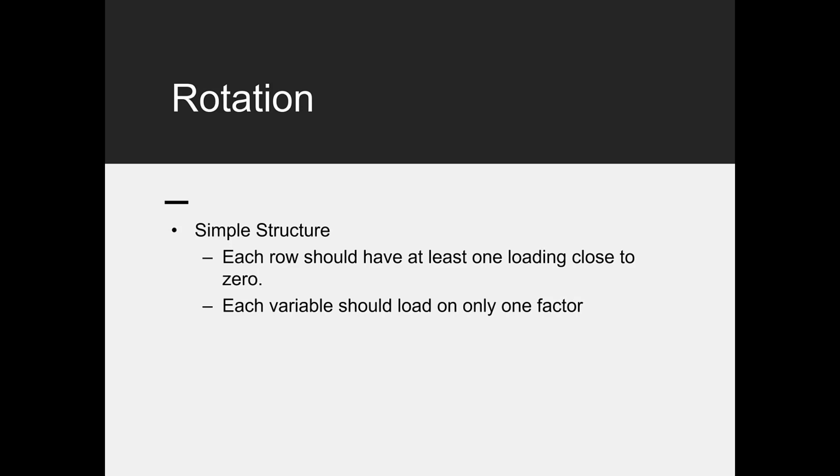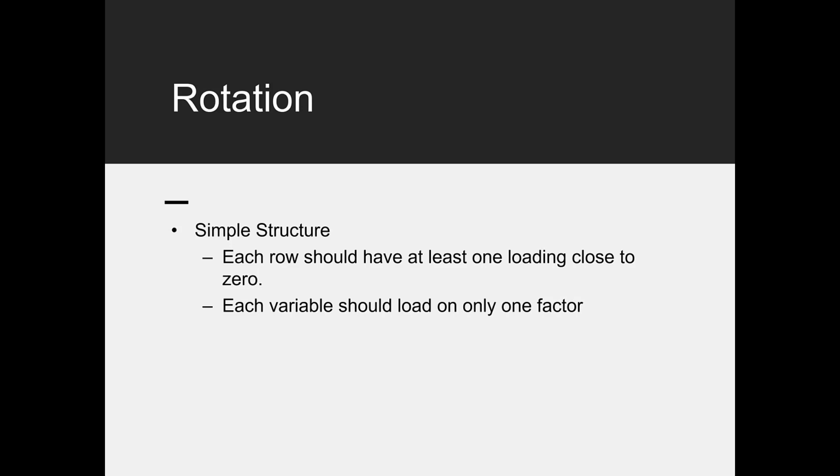For each factor, we want items to load highly on it, and we want items that don't load on it to be as small as possible. I'm going to show you what I'm talking about, because I don't think this makes much sense without an example. So we want high loadings when an item loads on the factor and low loadings when it doesn't. We also don't want items to load on multiple factors.